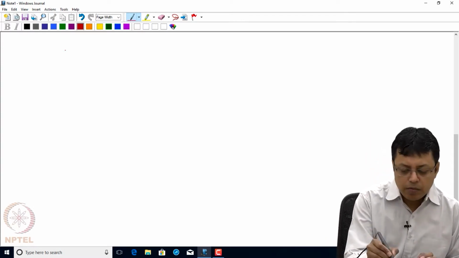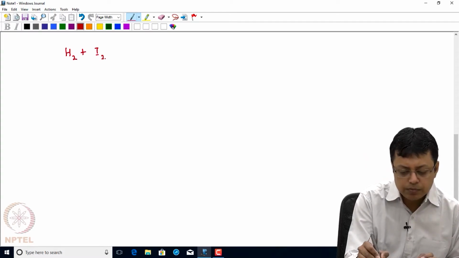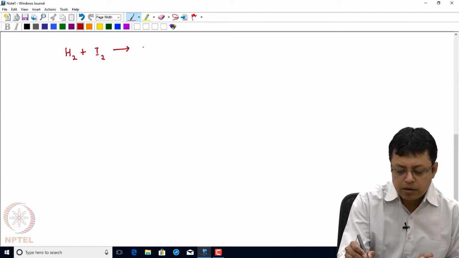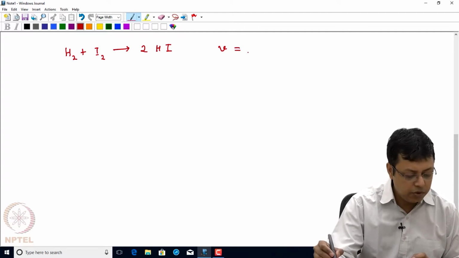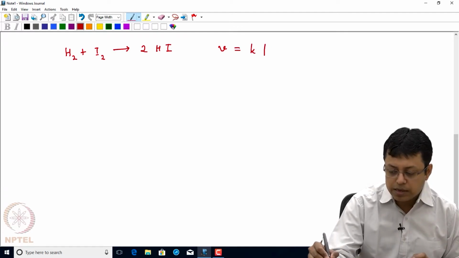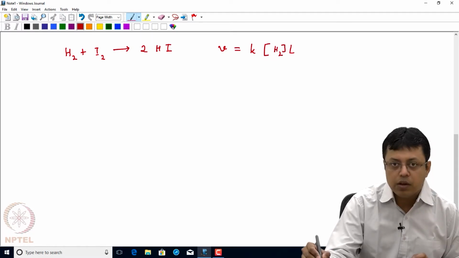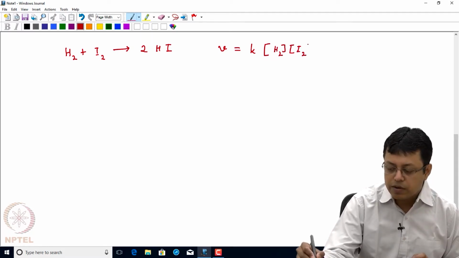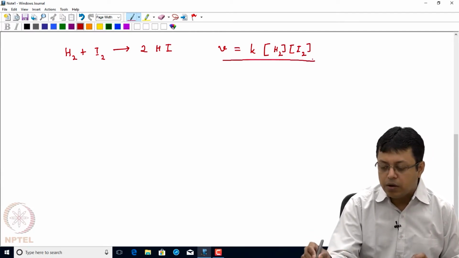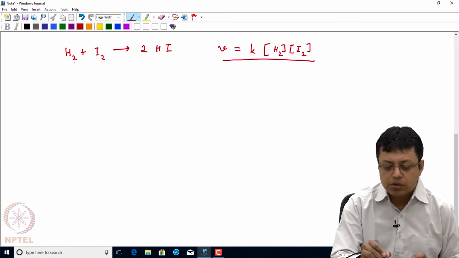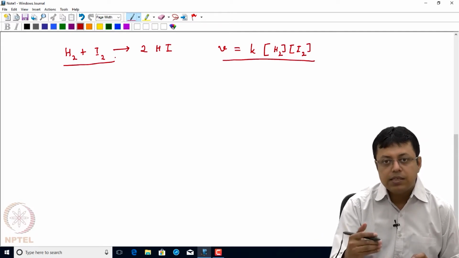For example, for this reaction, H2 plus I2 giving 2HI, the rate law is found to be some constant, which we call the rate constant, times the concentration of hydrogen times the concentration of iodine. Now in this case, as you see, the rate law actually resembles the stoichiometric equation, but this is just accidental.